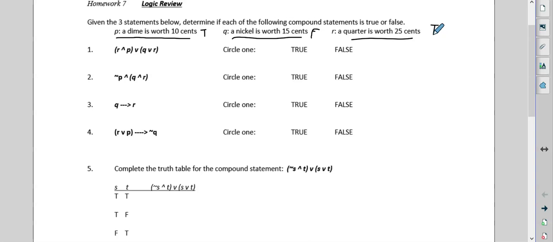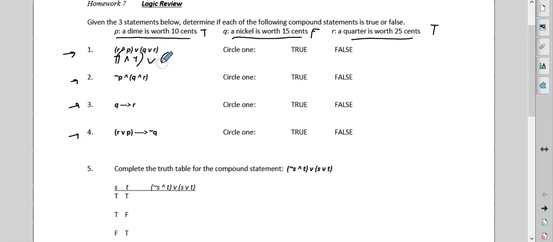Now, all we're going to do is take these T's and F's and put them into these and evaluate them based on what we know about true false statements. So, first one here, we have R and P. Okay, so that's true and true.